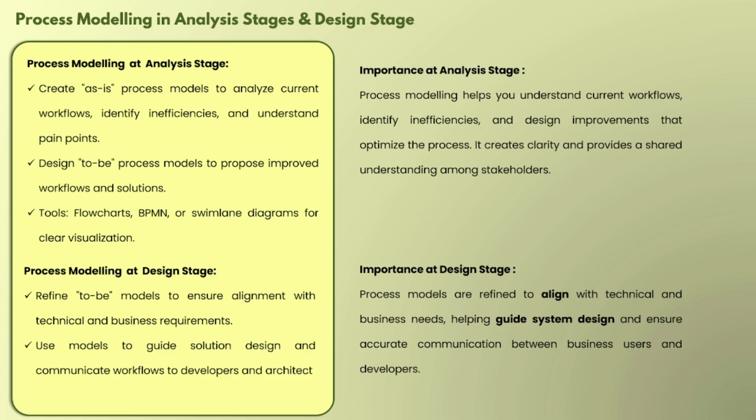First, at the very beginning during strategy analysis, where we try to understand the current process of the system. This is the as-is state. We map out how things are working right now, then we identify the gaps and come up with a new solution, or to-be state, where we can know how we want the system to work moving forward. This is where process modeling helps us visualize the changes.